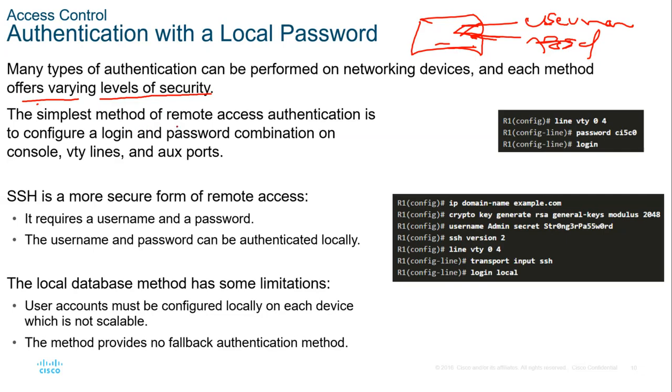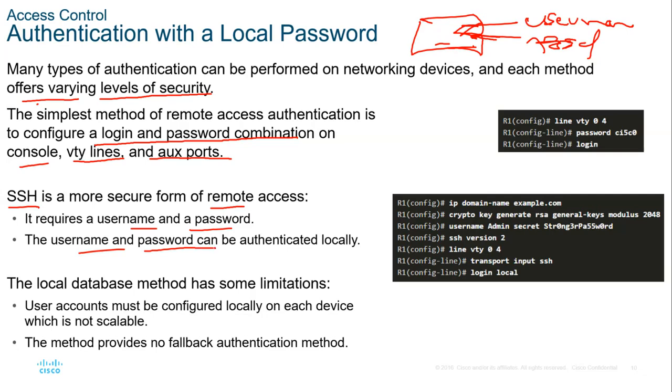Many types of authentication can be performed on a network device, and each method offers varying levels of security. The simplest method of remote access authentication is to configure a login and password combination on the console, VTY, and auxiliary port. Then we have SSH, which is secure shell, a more secure form of remote access. It requires a username and then the password.